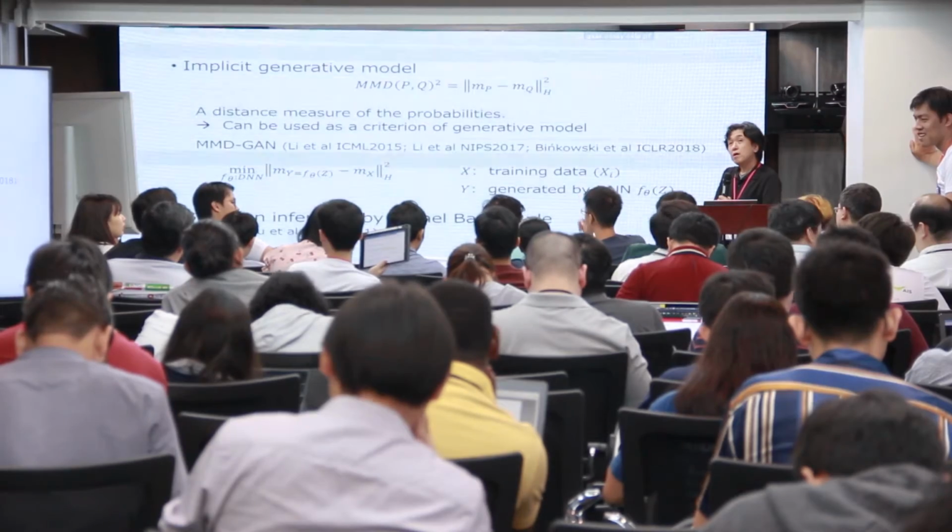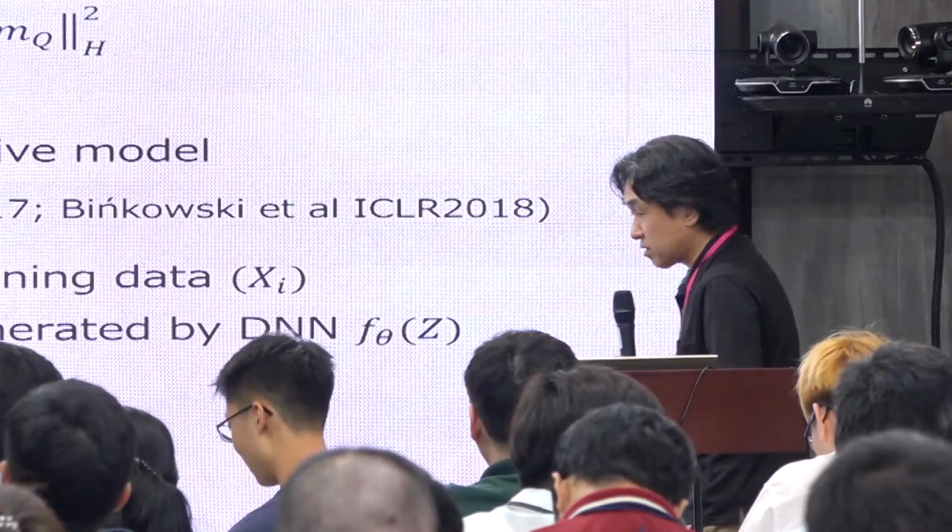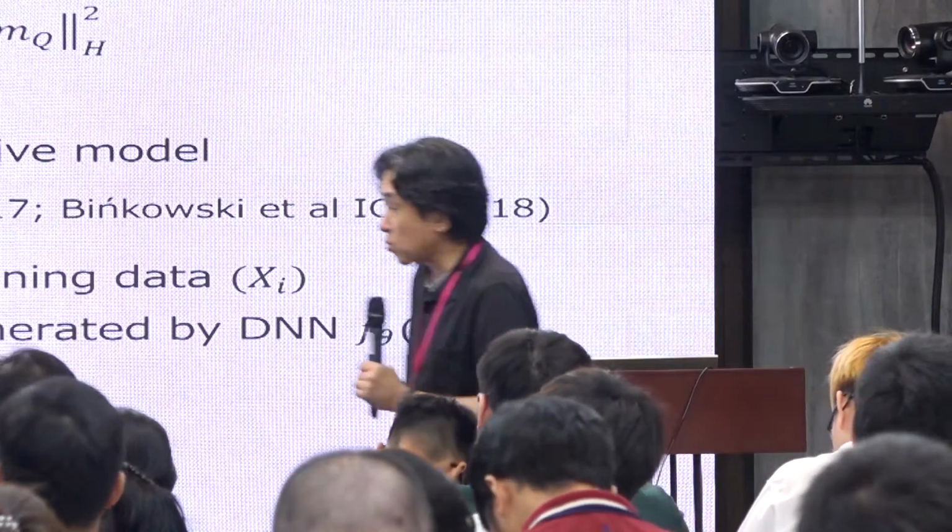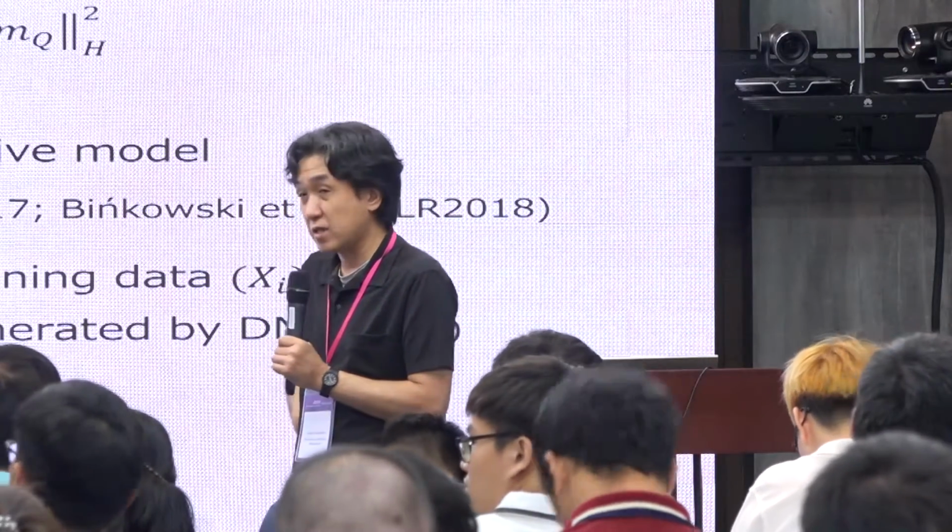So I'm not quite sure what the difference is. Perhaps this is, rather than a variational autoencoder, closer to a GAN, I think.